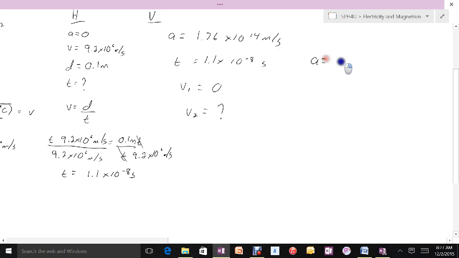We can use one of the 5 equations of motion here because that acceleration is constant. Our acceleration is 1.76 times 10 to the 14 meters per second squared. We're interested in our final velocity. Our initial velocity is 0, and we're between those plates for 1.1 times 10 to the negative 8 seconds.